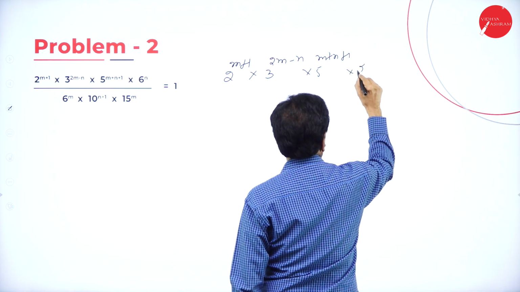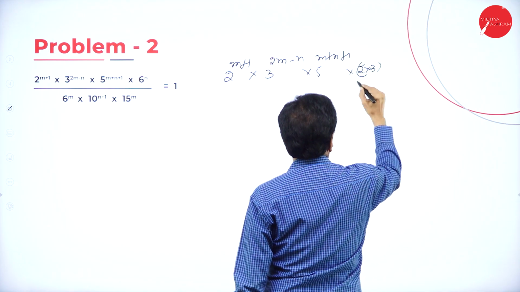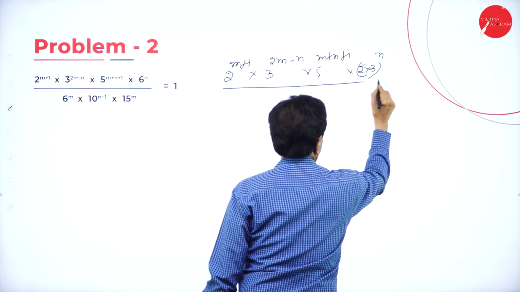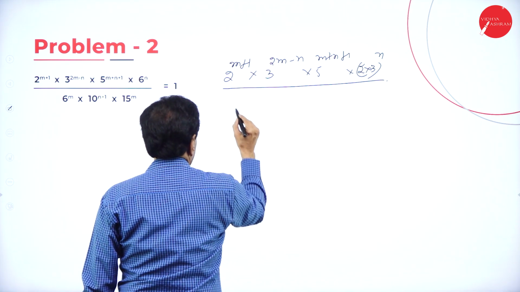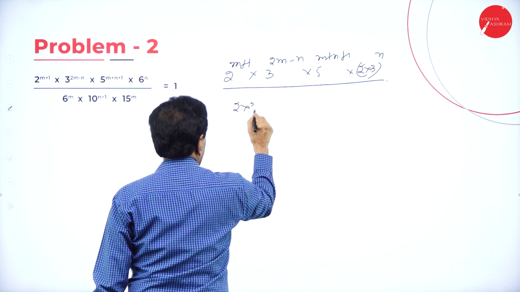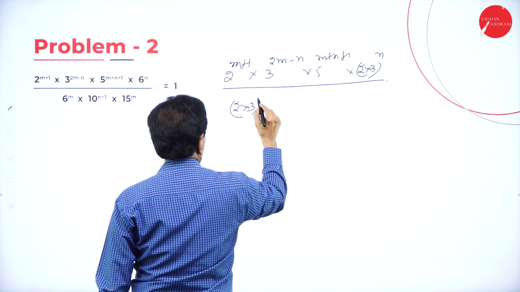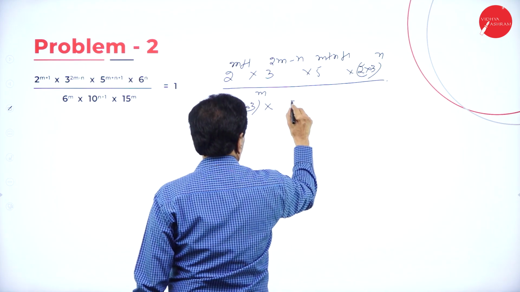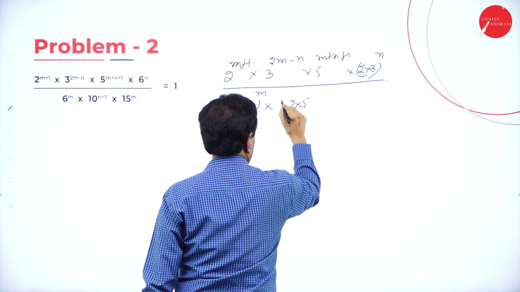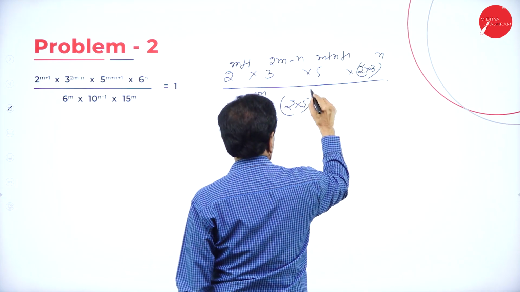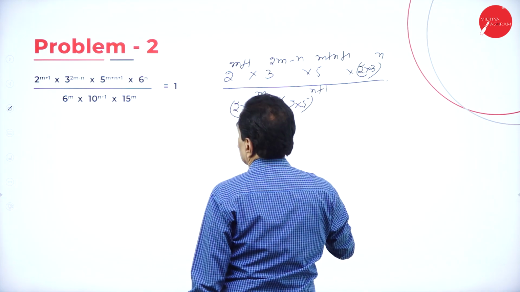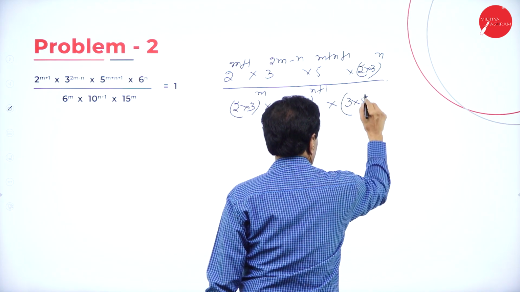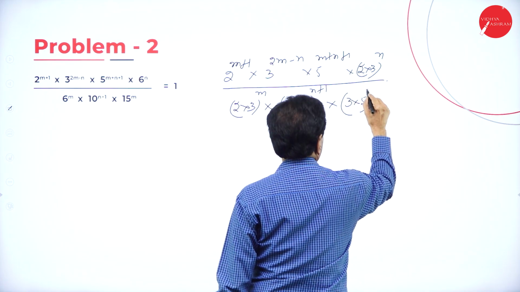into, this can be written as 2 into 3 to the power of n divided by, this can be written as 2 into 3 to the power of m. This can be written as 2 into 5 to the power of n plus 1. This can be written as 3 into 5 to the power of m.